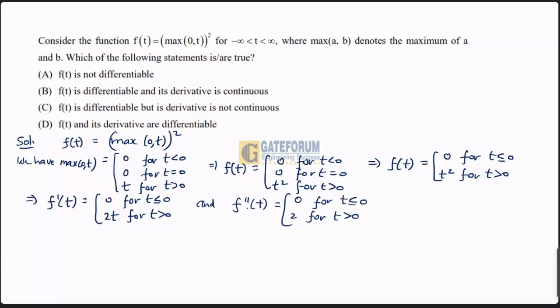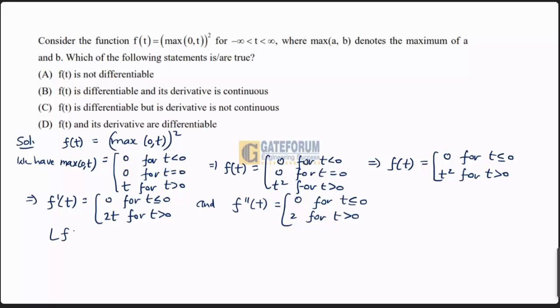So here, the right hand derivative of f of t at t equal to 0 means f dash t equal to 2t when t is greater than 0 and t tends to 0, this value becomes 0.